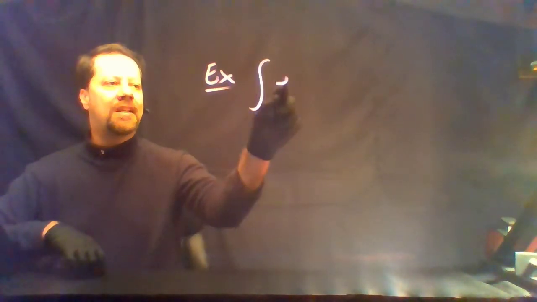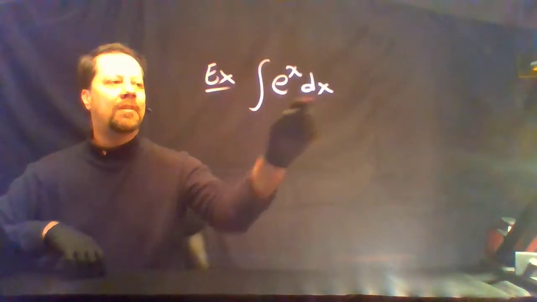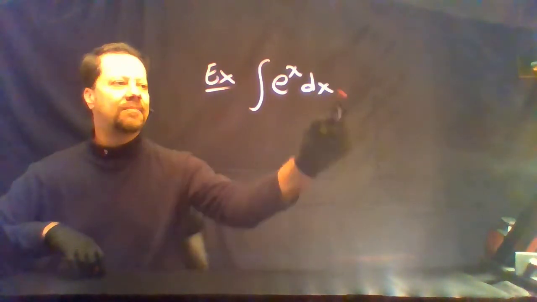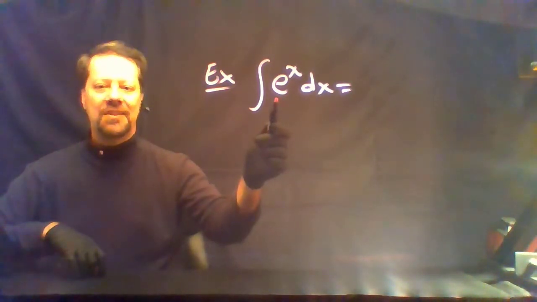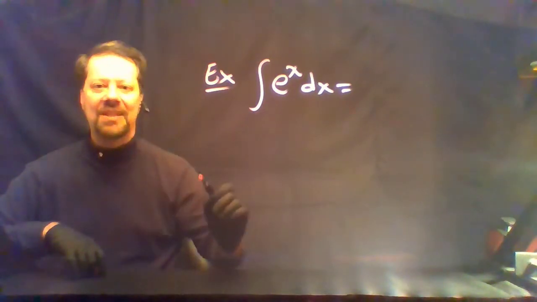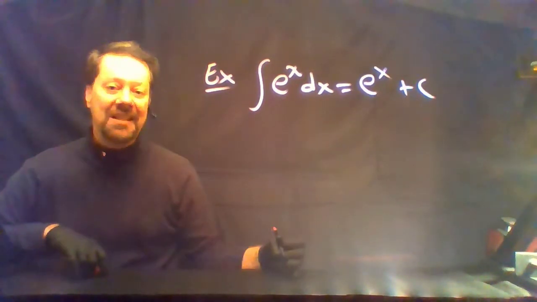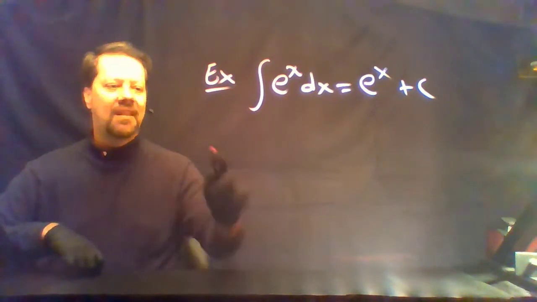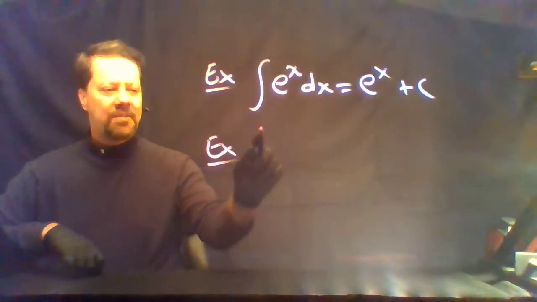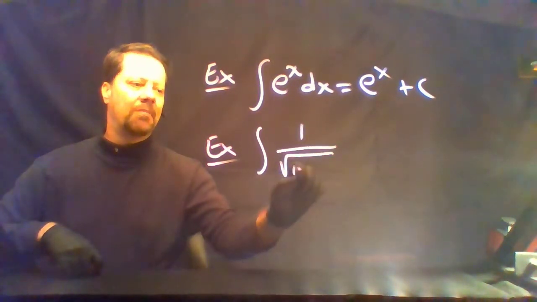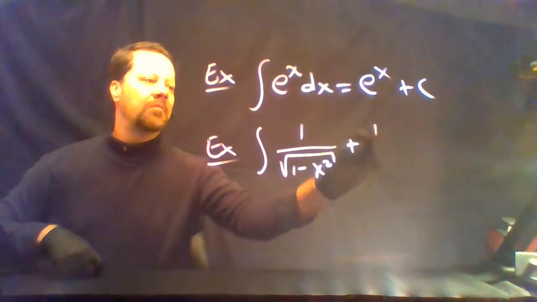For another example, suppose I'm finding the indefinite integral of e to the x dx. What function has derivative equal to e to the x? Well, this ought to be easy. E to the x plus c, of course. Suppose I'm integrating 1 over the square root of 1 minus x squared plus 1 over x.